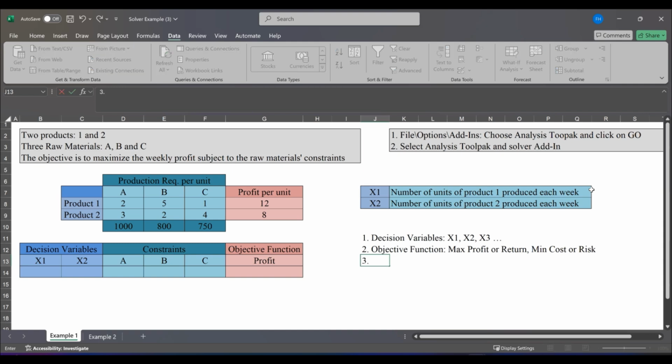Finally, I'm going to have what I'm going to call constraints. With any optimization problem, we're going to have a set of constraints because otherwise, in many cases, the answer may be infinity, especially with maximizing a certain function.